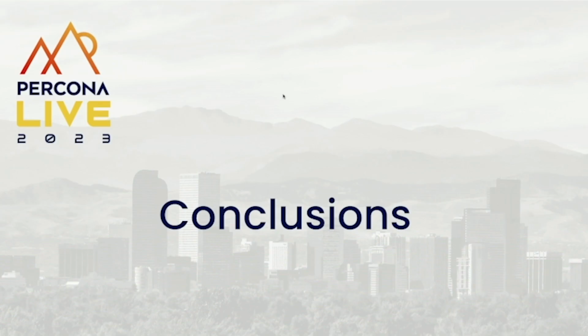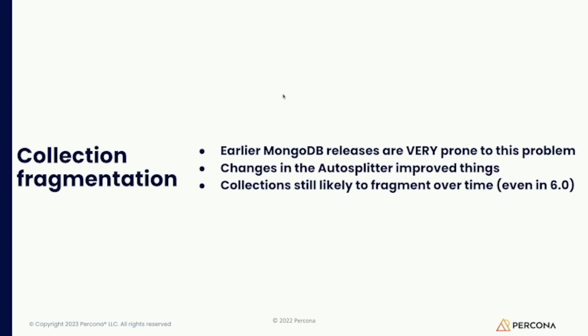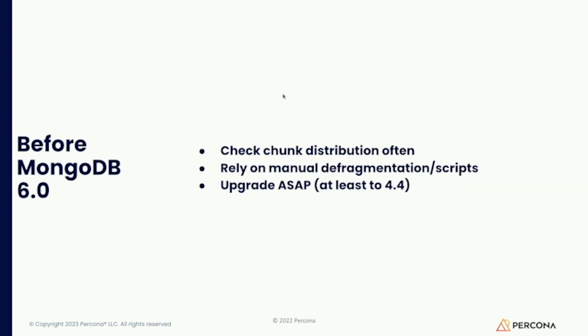Okay. So conclusions. Collection fragmentation is a problem, especially on earlier MongoDB releases. The changes that happened in the autosplitter were in the right direction, but still collections are fragmenting over time, even in 6.0. So the takeaways before MongoDB 6, if you're still not in the latest version, check chunk distribution often.